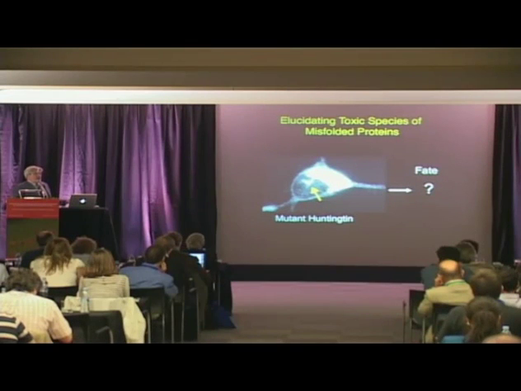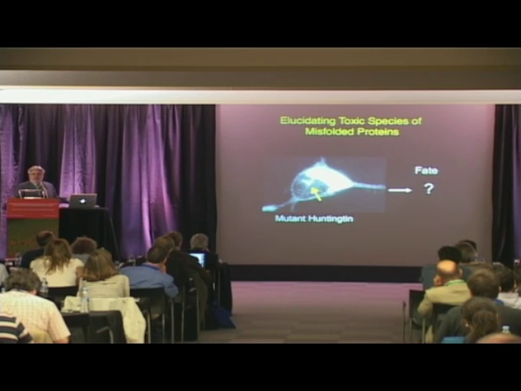So as Jose mentioned, one of the reasons I got interested in Huntington's disease was this puzzle about when we look through the microscope, and this applies whether you're studying Alzheimer's or Parkinson's or Huntington's, ALS, any of the neurodegenerative diseases, how do we understand the biological significance of the changes that we see?